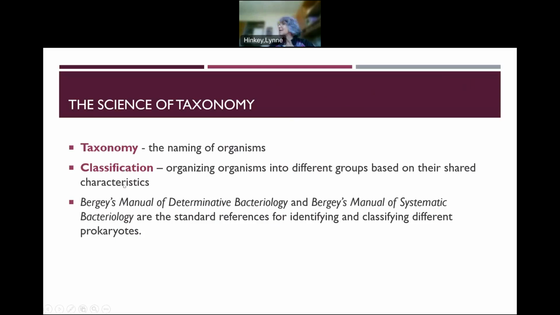And then how we get to those names is through the process of classification, which is how we organize organisms into different groups based on their shared characteristics. So how are they related? And we tend to think of taxonomy, everything's got a name, it's been named, it's been classified. It's sort of this done deal.